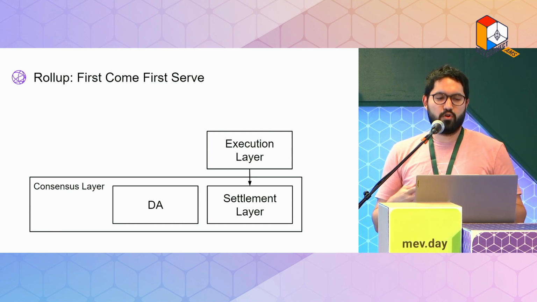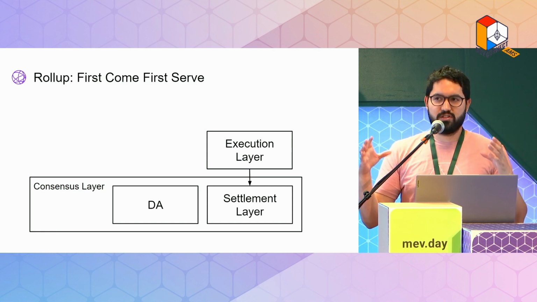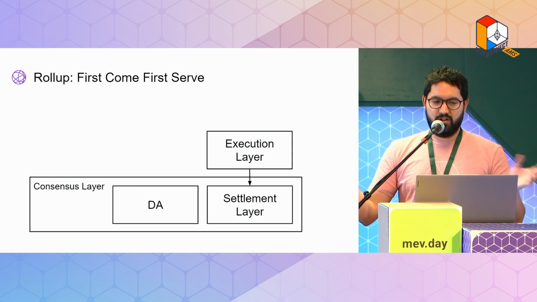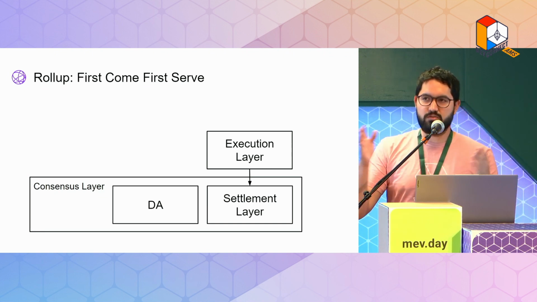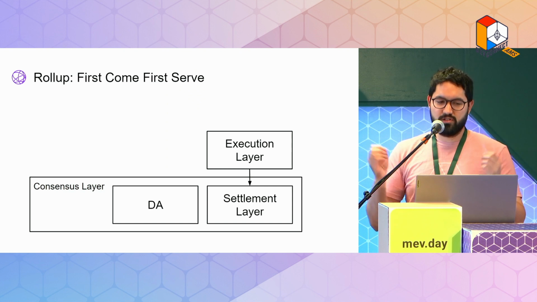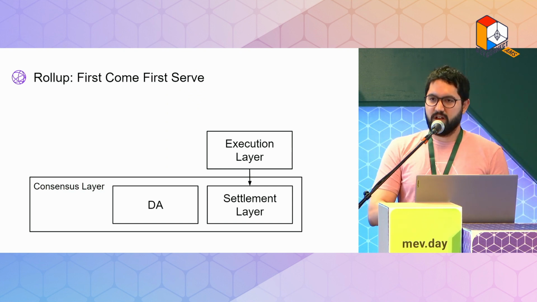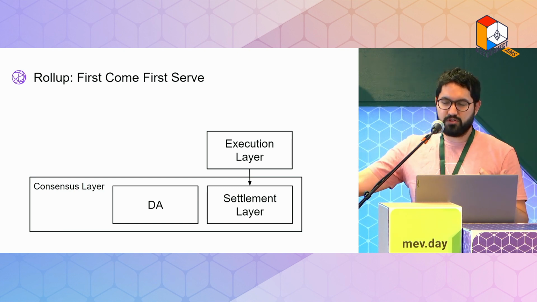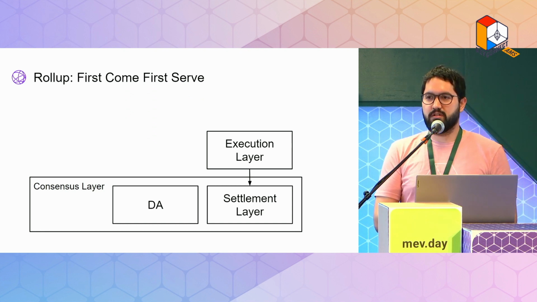Okay, so let's examine a different leader selection protocol rather than something like a single sequencer. Let's do something more chaotic like first come first serve, where literally the first person who submits a rollup block that is valid and that builds upon another valid block is the one who is implicitly the leader after the fact. So there's no slots where people are decided to be the leader, just first come first serve. This case is different because the miners or the block producers at the base layer can actually choose which order people go in, right?